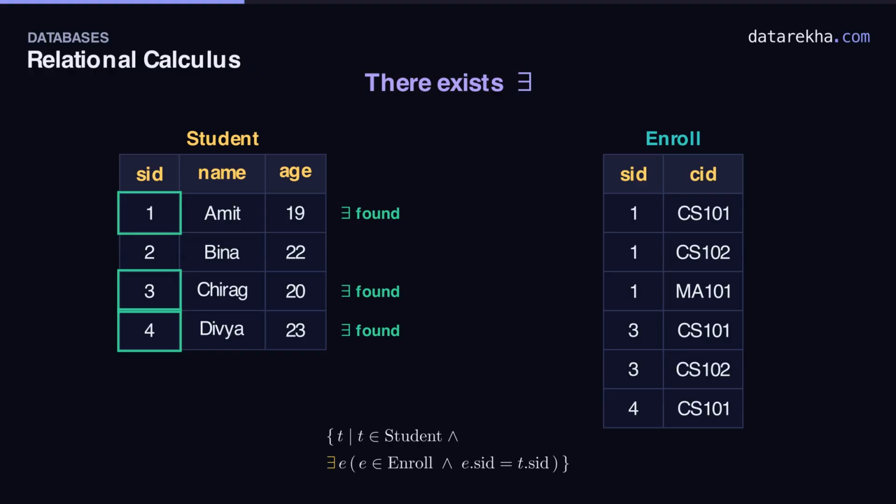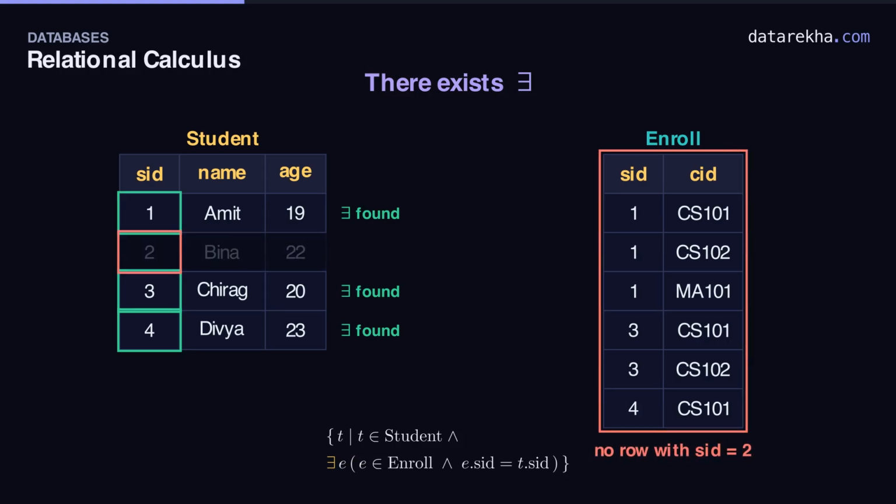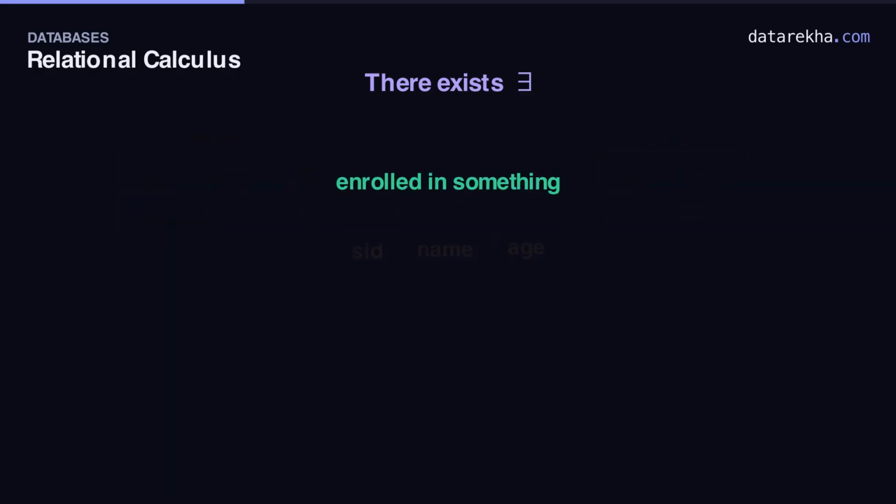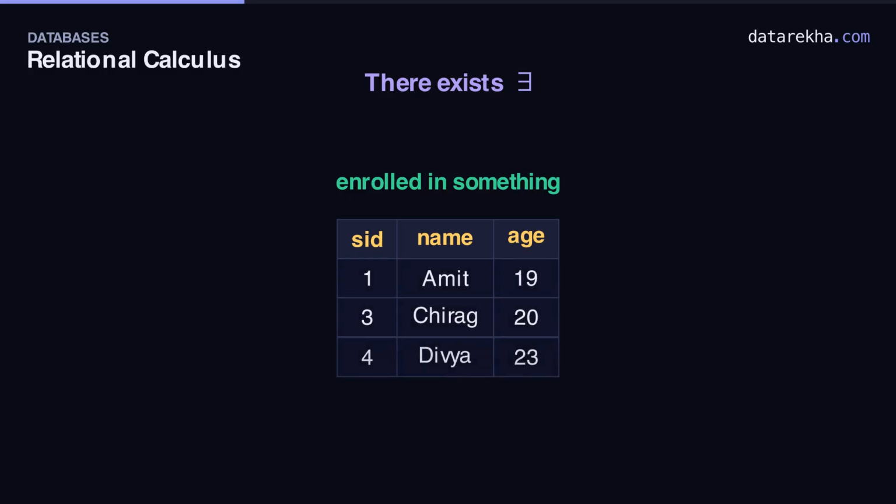He's in. Chirag and Divya each have a row too, both in. But Bina, SID 2: scan the whole enroll table, and not a single row mentions her. There exists no matching E, so Bina fails the condition. She's the one student left out. The answer: Amit, Chirag, and Divya.